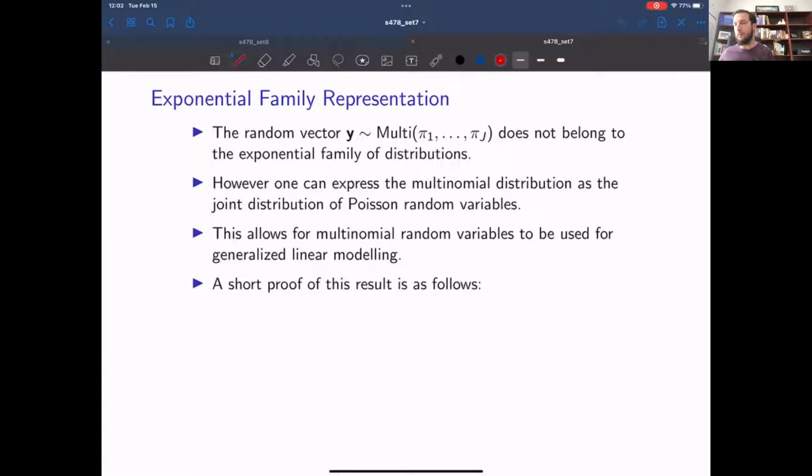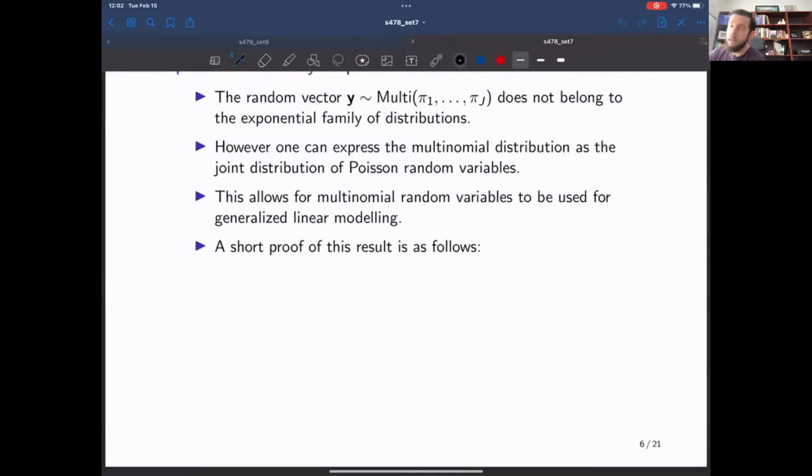And we know that the Poisson does belong to the exponential family in canonical form. So through this representation, we can formulate a generalized linear model about the multinomial random variable. And to do that, we would consider the following.